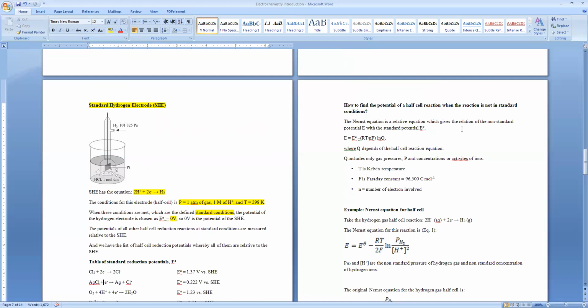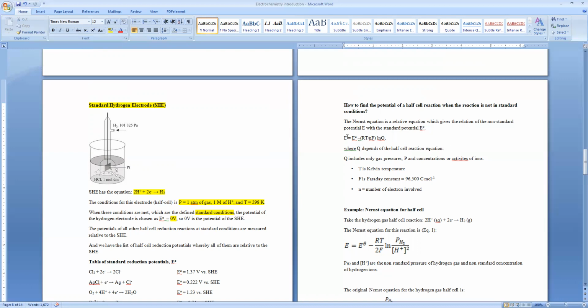This Nernst equation allows us to calculate the potential of the half cell reaction or the full cell reaction, provided you know the standard potential of the same reaction. And this is the Nernst equation: E equals E standard, minus RT divided by nF, ln Q. Q depends on the half cell reaction equation.